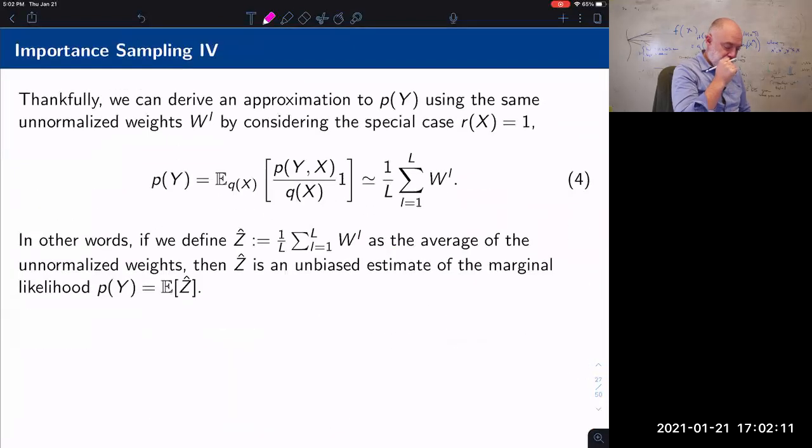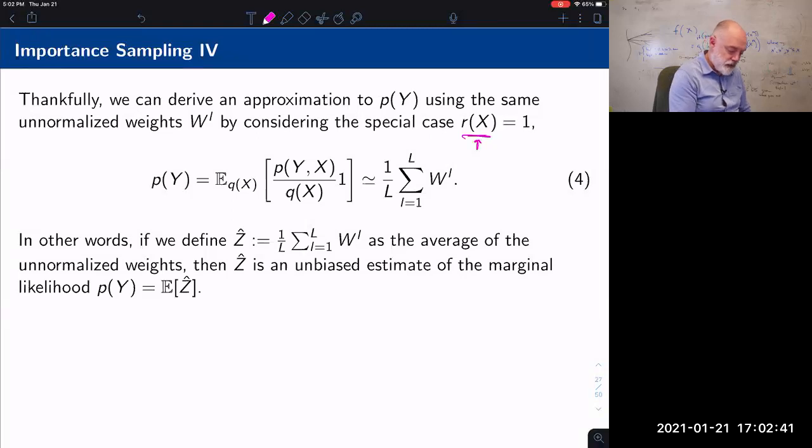Well, that's not so bad in some sense, because we can derive an approximation to the evidence by using the same unnormalized weights, by choosing the test function R to be 1. So if we choose the test function R to be 1 and we integrate this over X, what's left is an estimate of the marginal probability, p(y), which is just the normalized sum of the unnormalized weights.